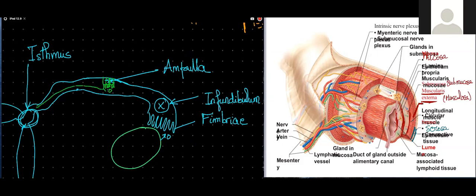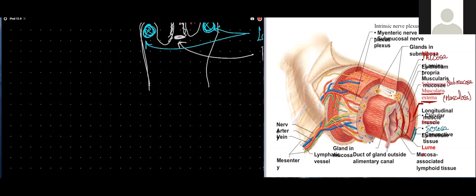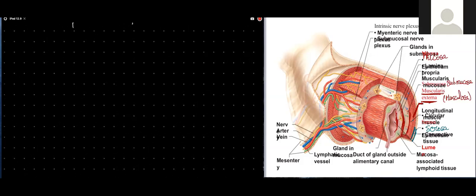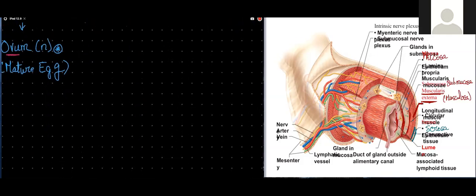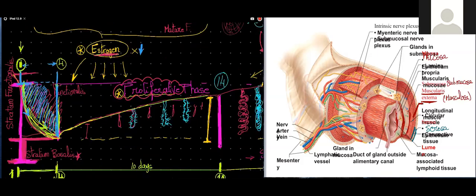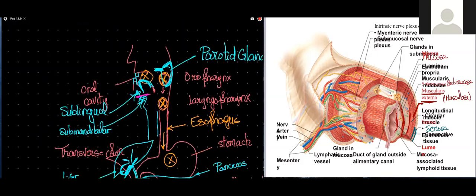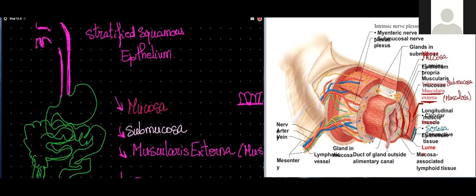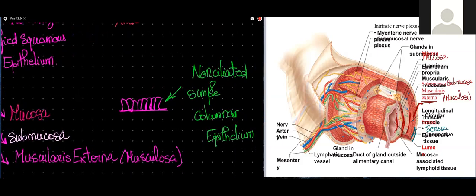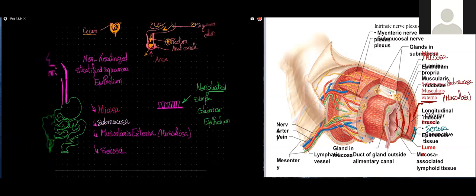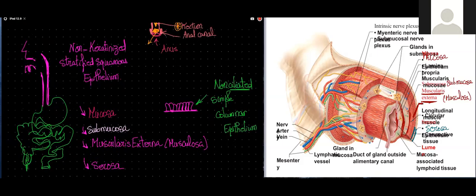So I need to move it towards the endometrial cavity. But here I don't have cilia. Cilia won't be playing any role in the movement of the food. Food particles are much larger in size. They can't move by the cilia of an epithelium. So what kind of epithelium again is lining the gastrointestinal tract?